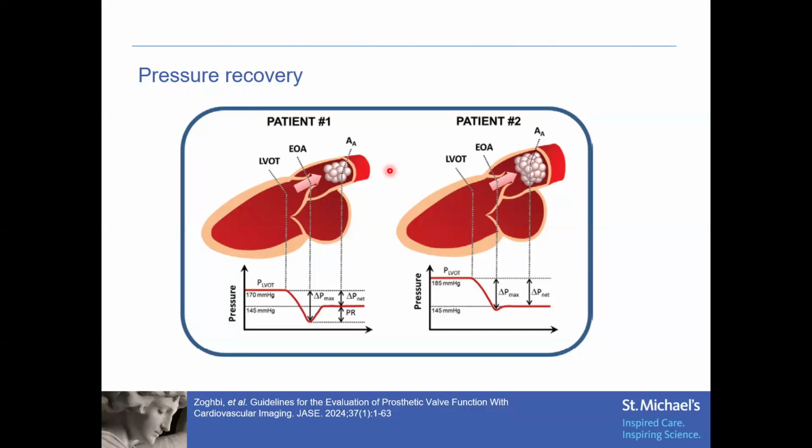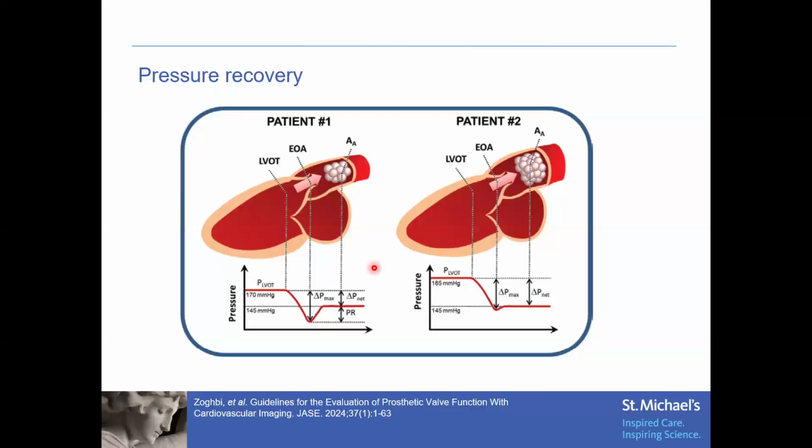And following that, when the jet passes the prosthetic valve into the ascending aorta, it slows down, and some of the energy is lost as thermal energy, but some of it can be recovered back into static energy.